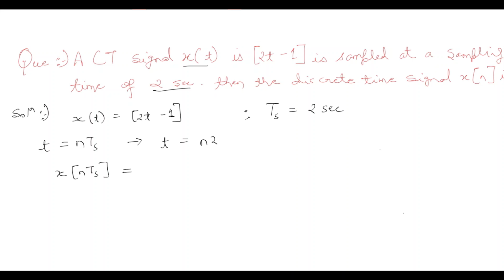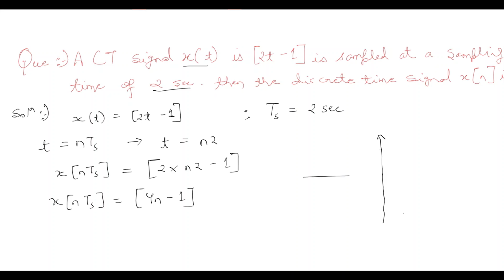So we get 2 into n2 minus 1. So we have x of nts equals 4n minus 1. If we put different values of n, we will get the discrete time signal. We can plot the discrete time signal x of n.